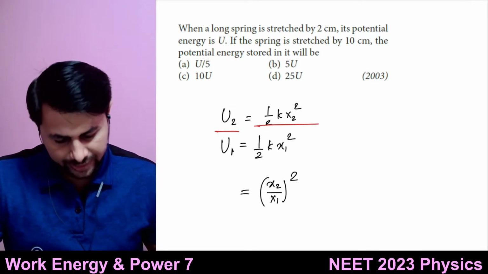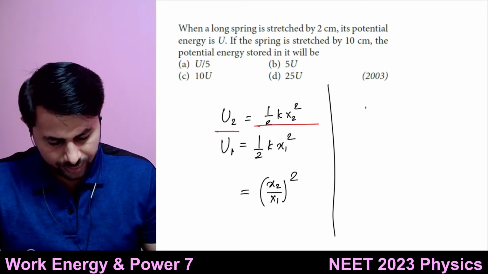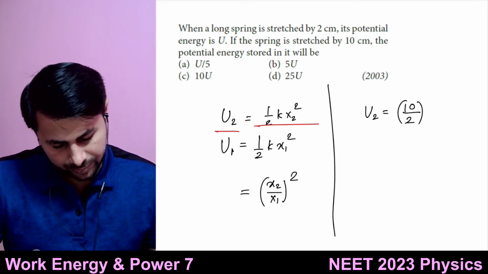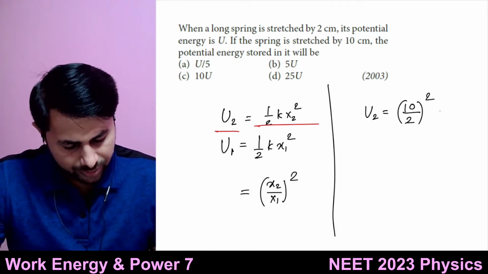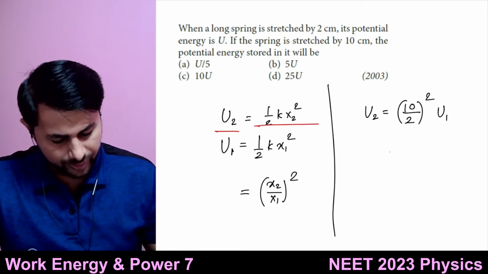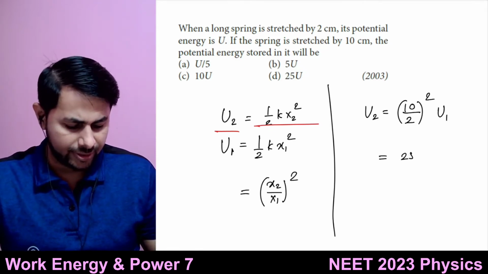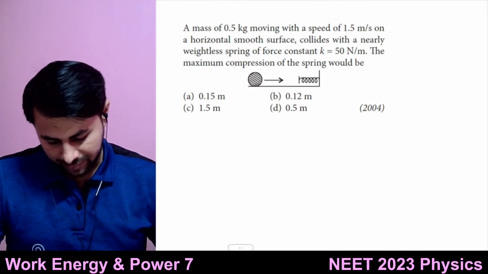It is 10 centimeters. x1 is 2 centimeters. So you get U2 equals 10 by 2 whole square times U1. So it is 5 square, 25 times U1. This is the answer.